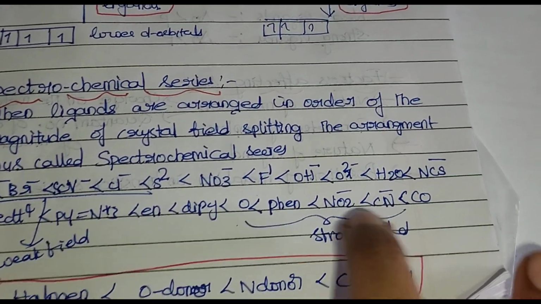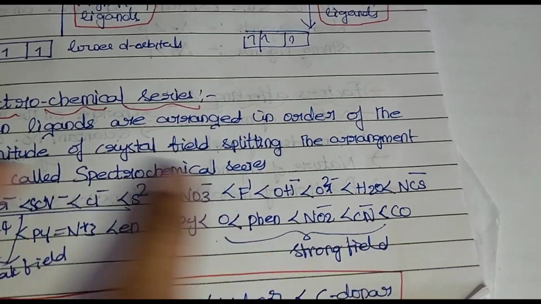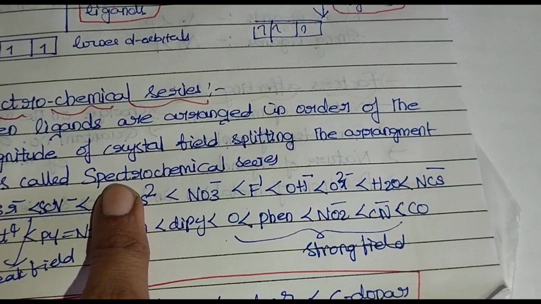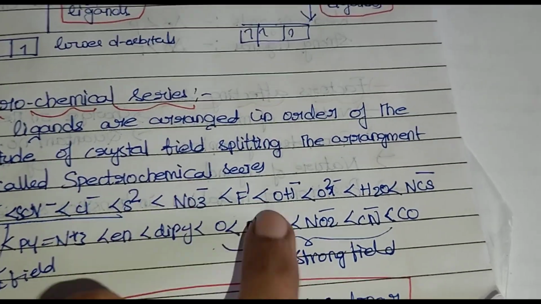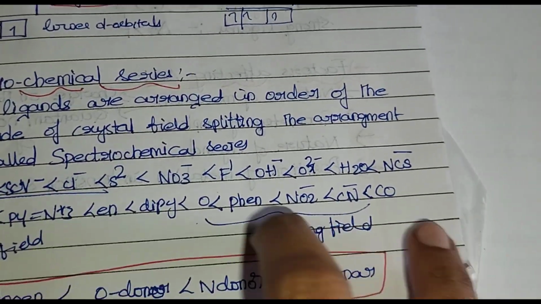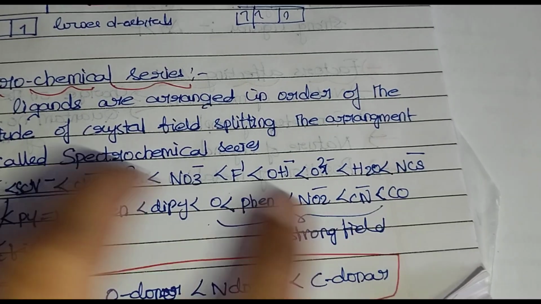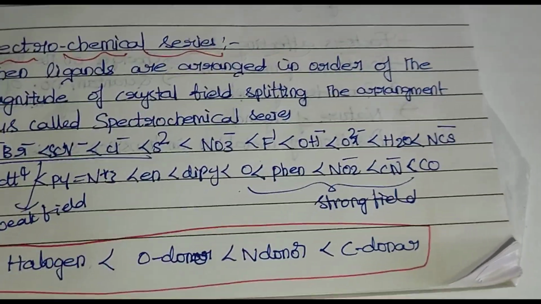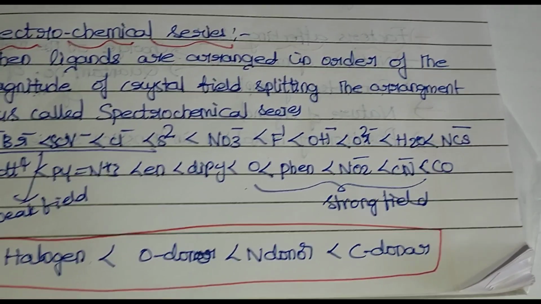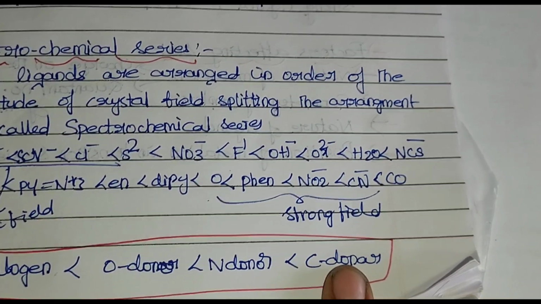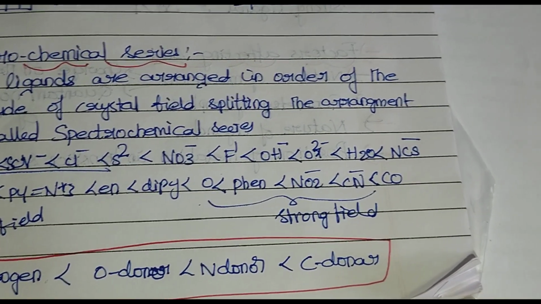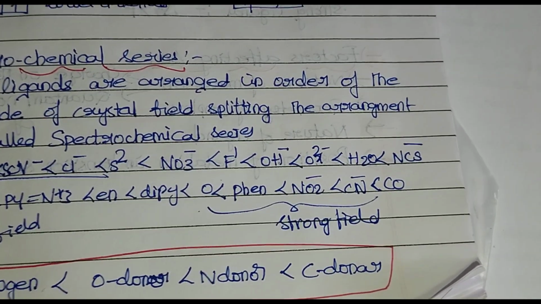Before that, the first ones are weak field ligands because they are in increasing order, so weak field ligands come first and strong field ligands come at the end. How can we find whether it is a strong field or weak field ligand? Here is the trick. C donors, carbon donors, are strong field ligands.